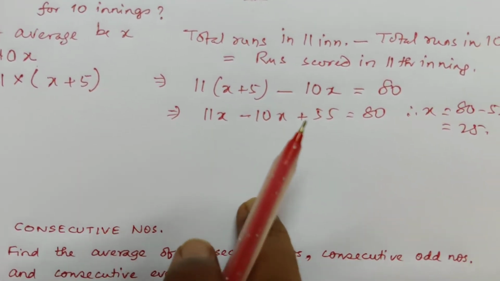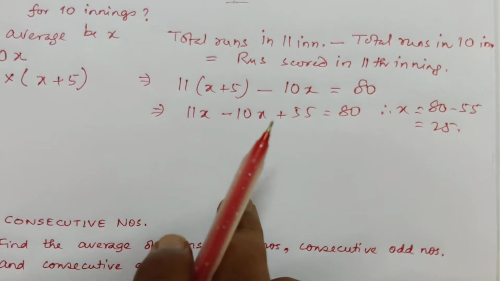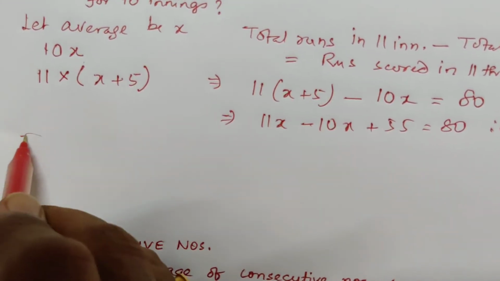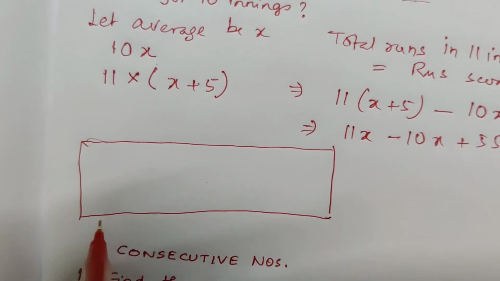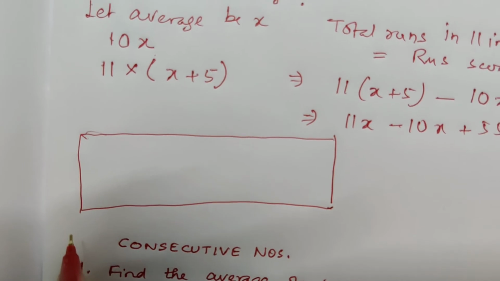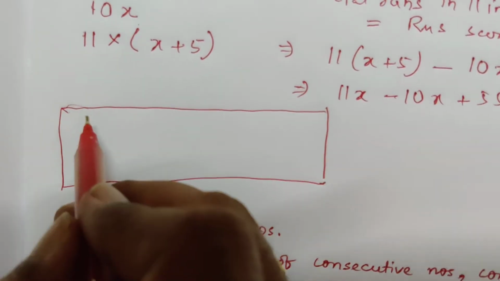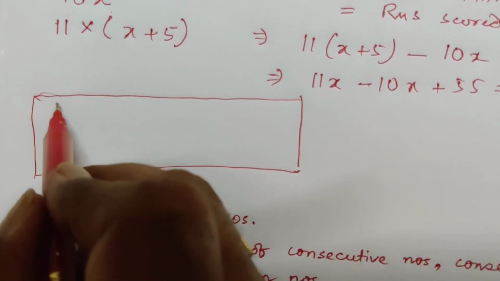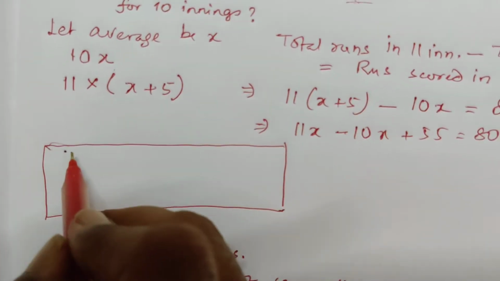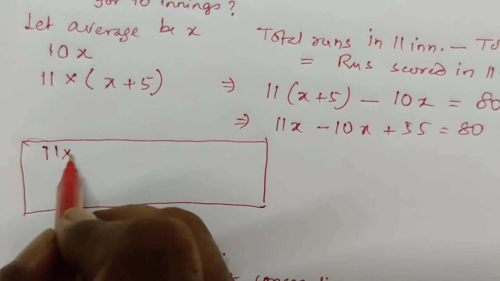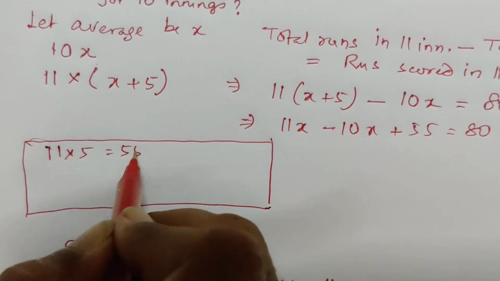So how long did it take? Now if we are going to use the shortcut method, it's only within this. We know the total runs increased. How much? If the average is increased by 5, the total runs increased in 11 matches is equal to 11 into 5, that is 55.